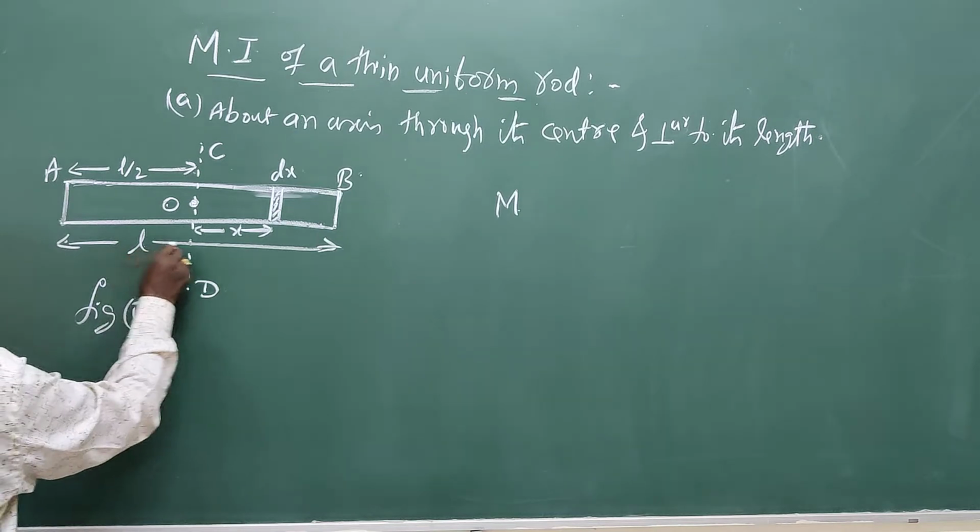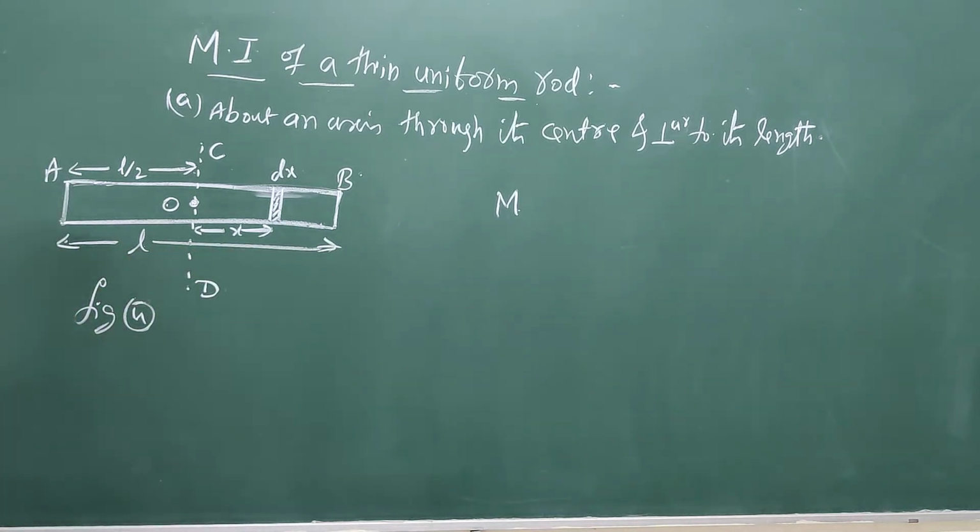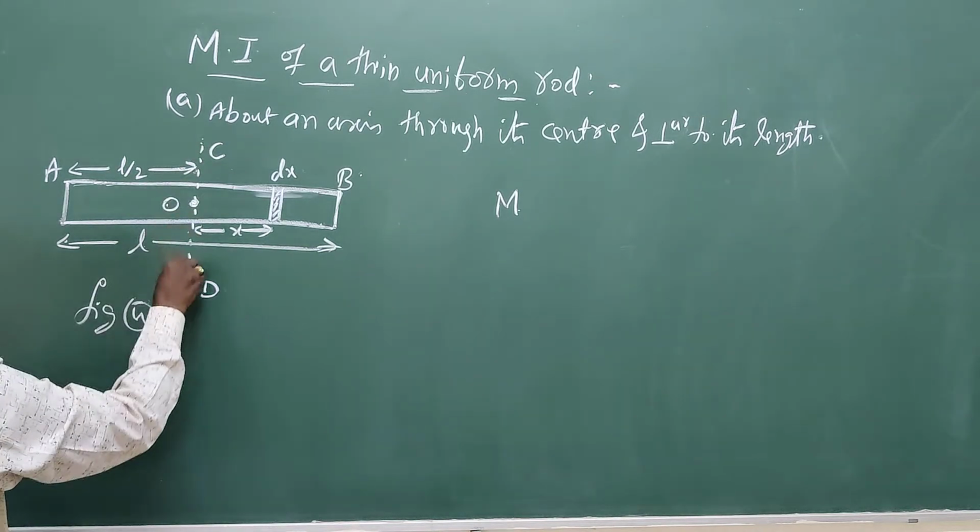The length of the rod is, say, L. This is the total length of the rod, and this is the axis of rotation.